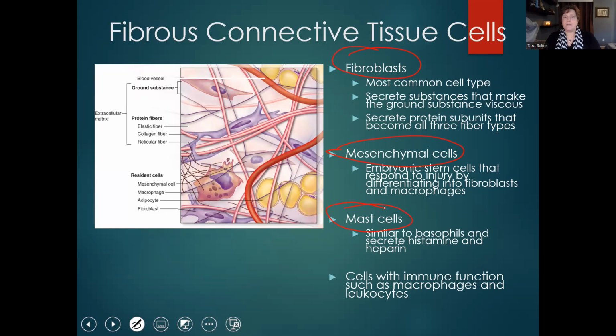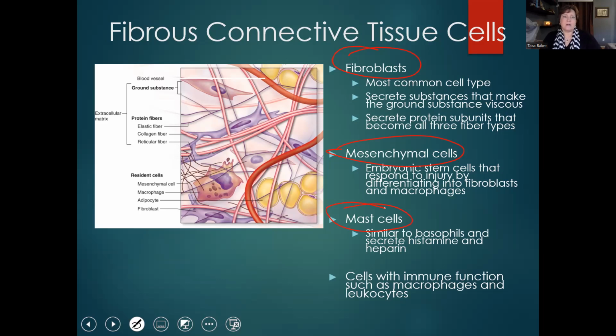The mesenchymal cells are embryonic stem cells, so very early embryonic stem cells that are going to give rise to all of the other fibrous connective tissues. Mast cells are a specific type of immune cell that produce histamine and are going to fight any microbes or pathogens that get into your connective tissues.